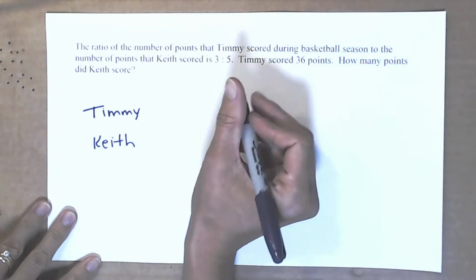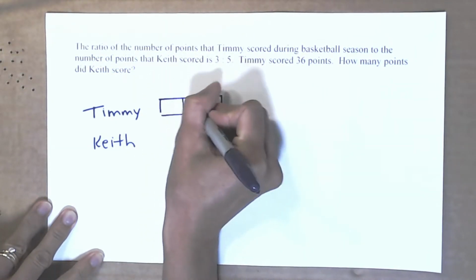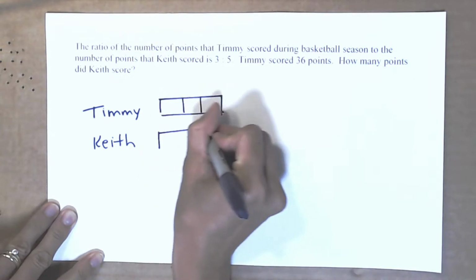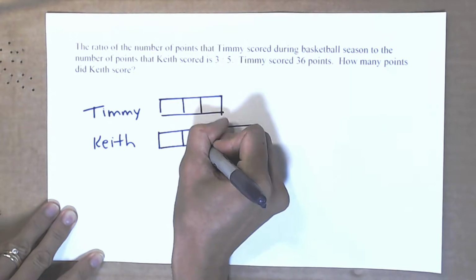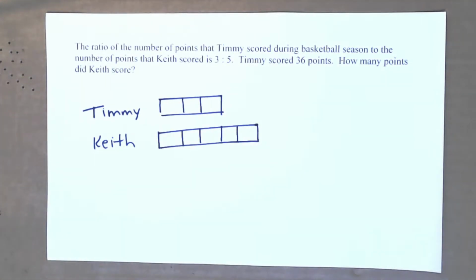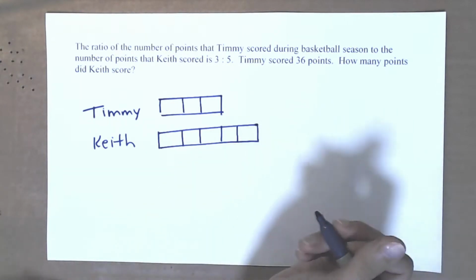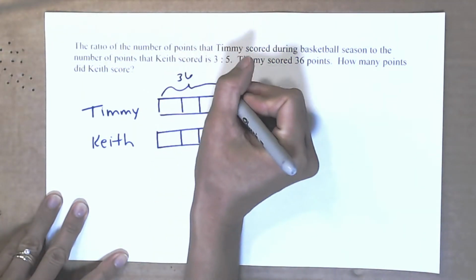So Timmy is the 3 and Keith is 5. So for every 3 points that Timmy scores, Keith scores 5. Now we're also told that Timmy scored 36 points. So this right here is 36 points.